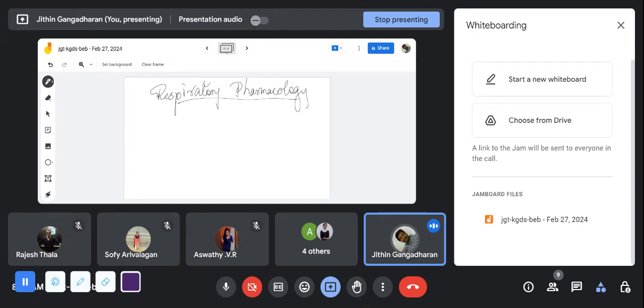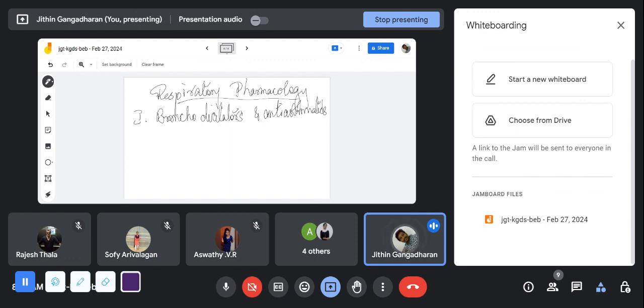The first medicine class is bronchodilators and anti-asthmatics. What is the function of these bronchodilators?